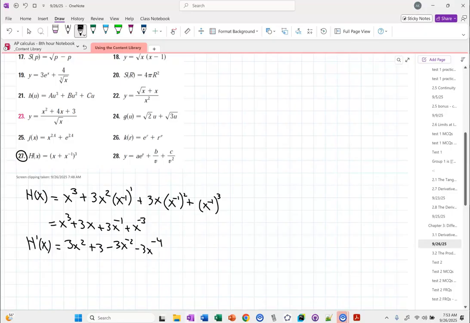So this is, oh my goodness, where's my, yes, thank you. Here h of x is really like f of g of x, where f of x is like x cubed, and g of x is like the inside stuff.